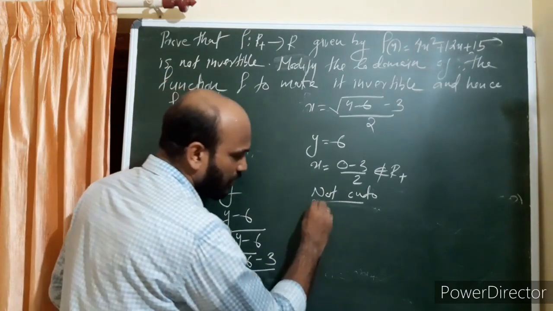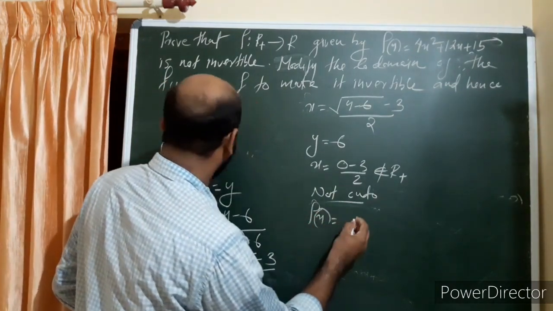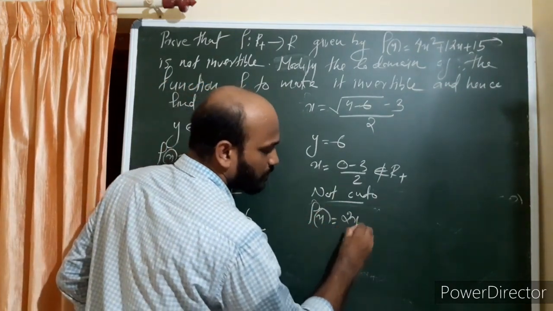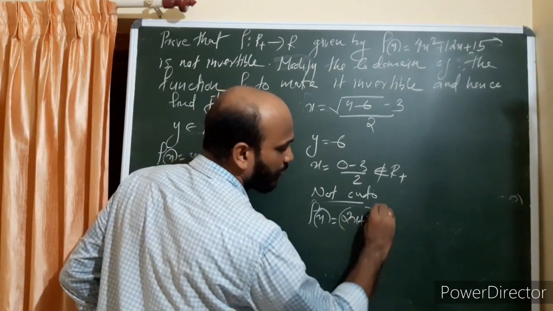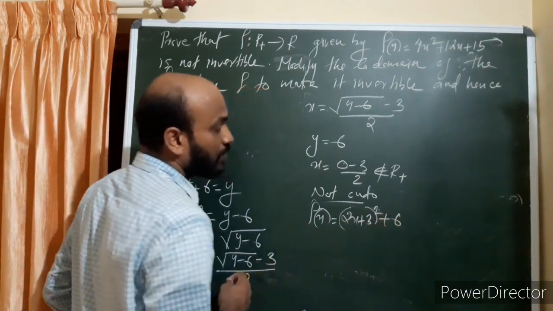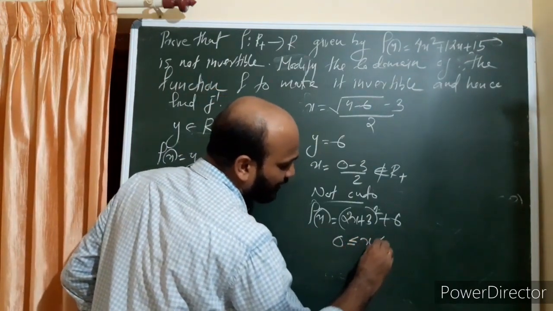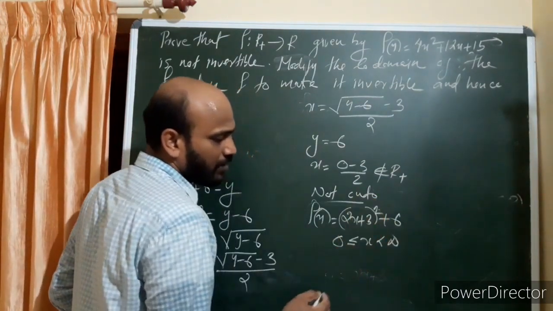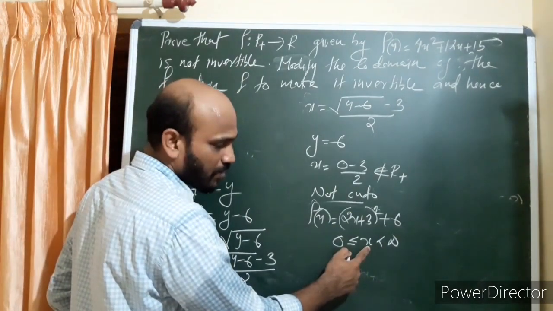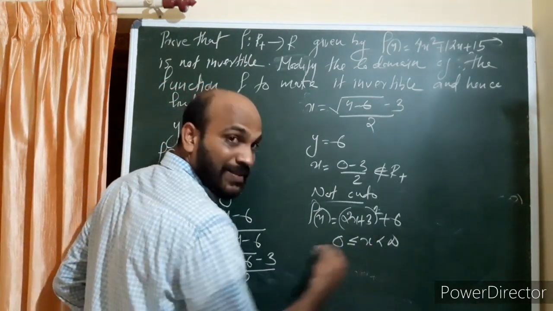Our function is f(x) equals (2x + 3)² + 6. The domain is R plus, so 0 less than or equal to x less than infinity. Now multiply this inequality by 2.